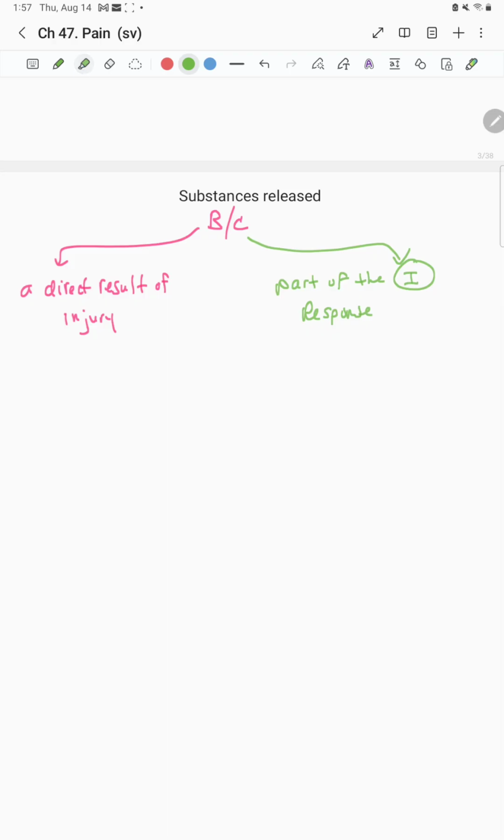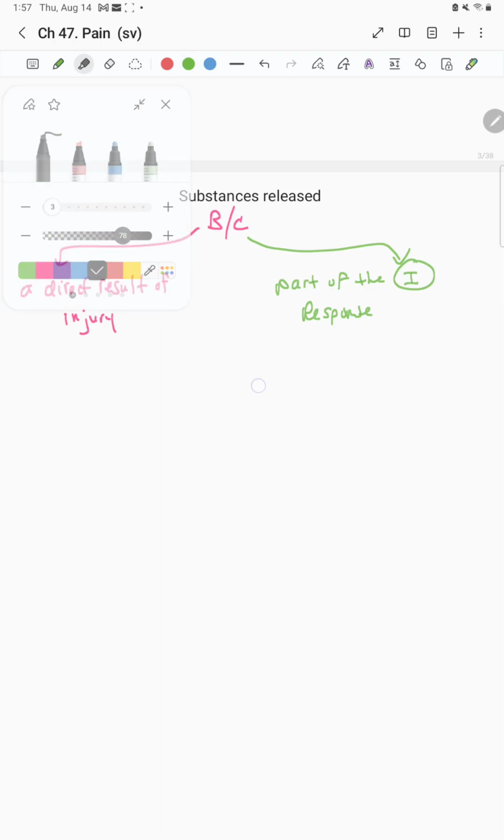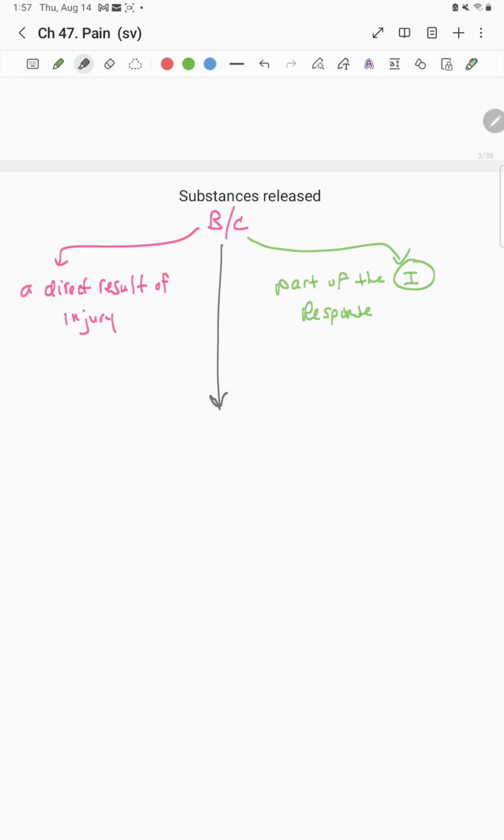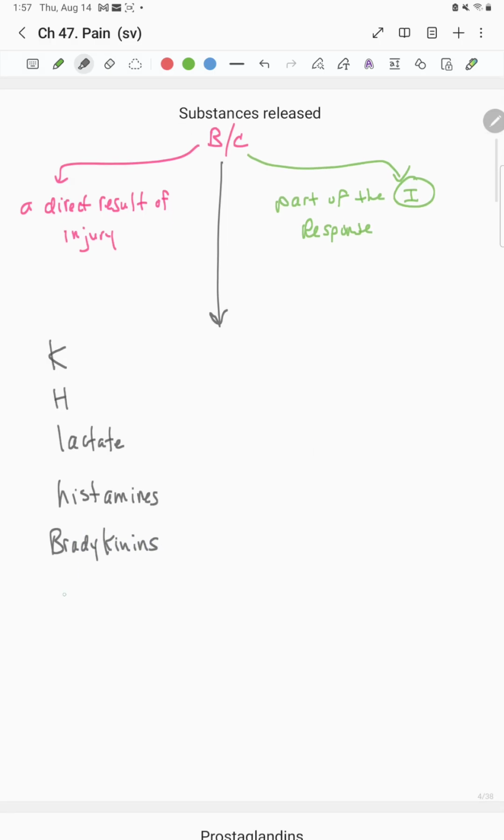Okay, so you're going to get things like potassium, hydrogens, lactate, histamines, bradykinins, acetylcholine, substance P, prostaglandins, serotonin.